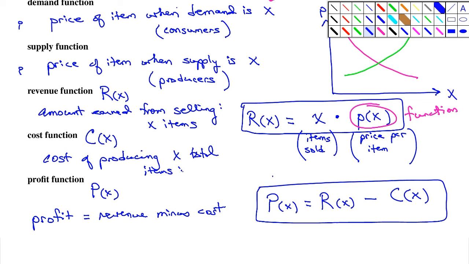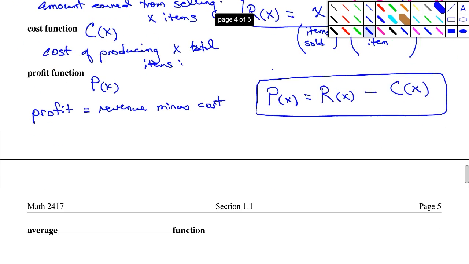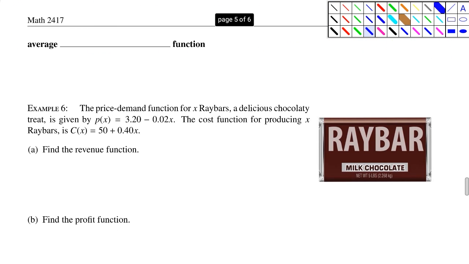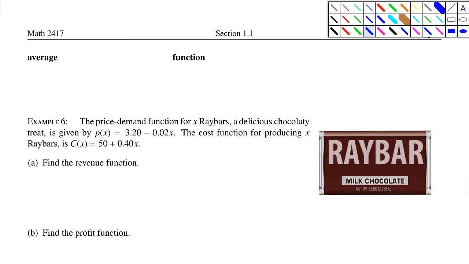And then we have one more. And that is an average blank function. I left this blank because it applies to all three of these: revenue, cost, and profit. So the average is just when you take that amount and divide it by the number of items that were used.